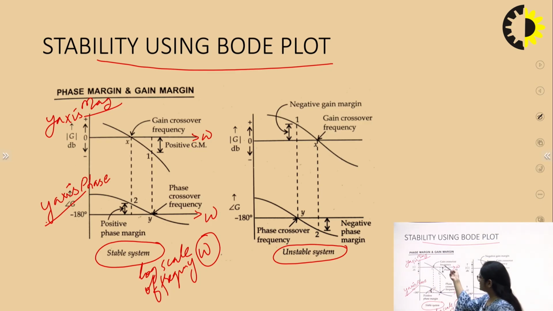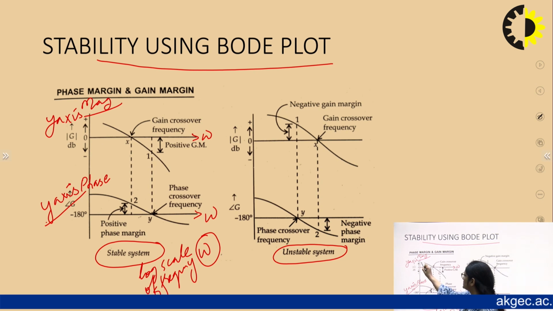Now, this is plotted one below the other, the magnitude plot and the phase plot, because when we draw the Bode plot, we come across different slopes.